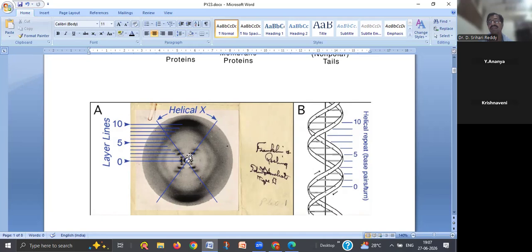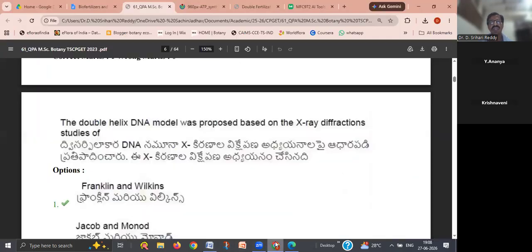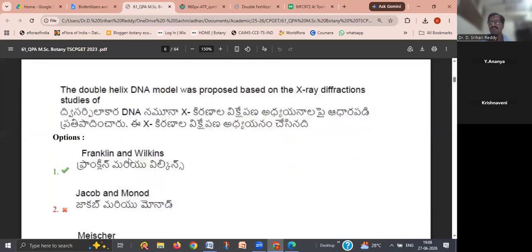So it was interpreted based on this X-ray structure of the DNA, and they could interpret that it is a helical structure. You see in the diagram the helical structure of the DNA. So this work was by Franklin and Wilkins. Unfortunately, Franklin did not get the Nobel Prize, though she contributed a lot.